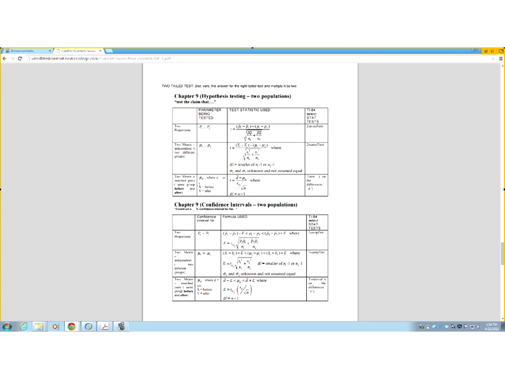All right, so I'm going to take a snapshot of that. And so I break it down. Either you're talking about testing a claim, which you would do a hypothesis test, or I'm looking at confidence intervals. And all of the formulas are there, and they match up with the parameters.